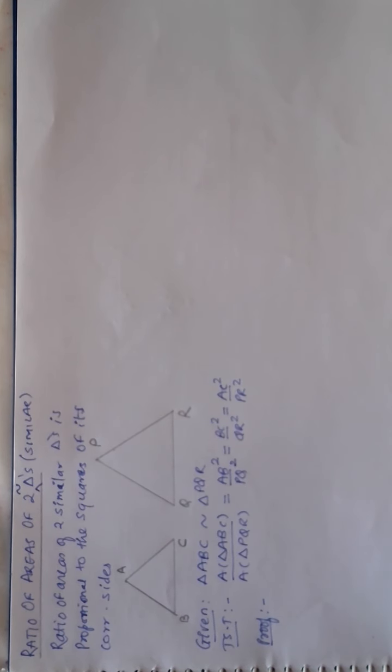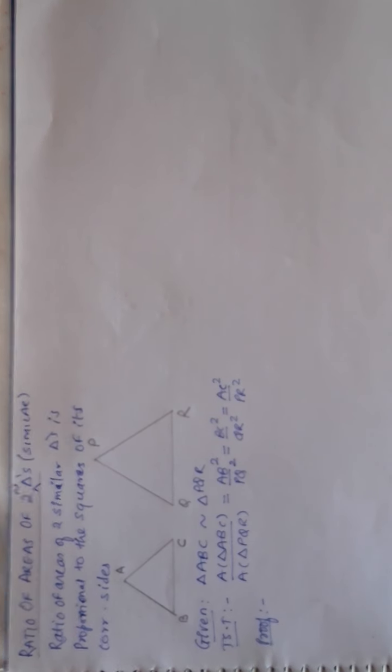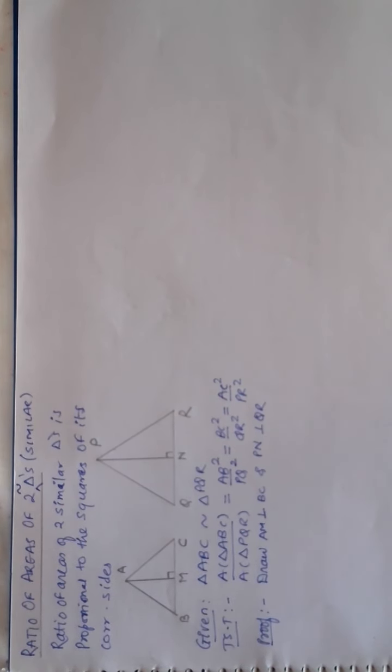I consider BC as the base and QR as the base. Obviously the height will come from the opposite vertex, that is from A and P respectively. So I draw AM perpendicular to BC and PN perpendicular to QR.